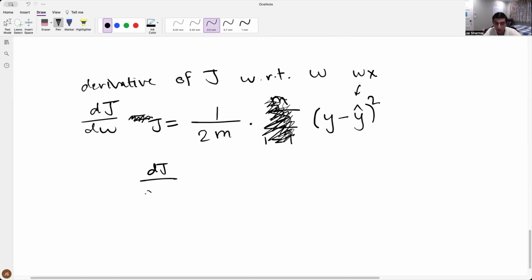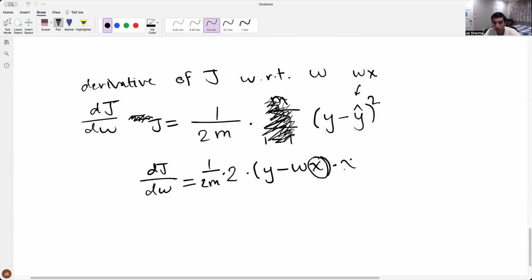Since I'm assuming that you're familiar with a little bit of calculus, you would take this 2 and bring it down. So you would have 2 times, and we have this factor over here already, right? So there's 1 over 2m times 2 times whatever this is, y minus Wx, and then multiplied by whatever this is, right?